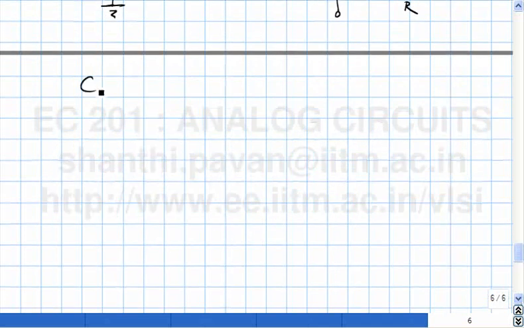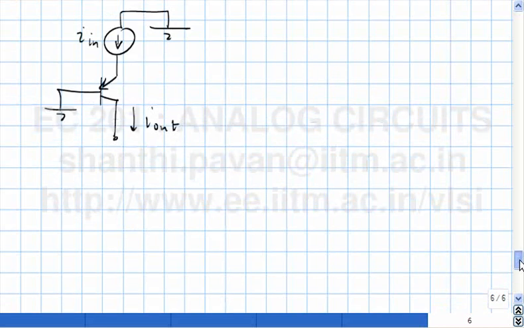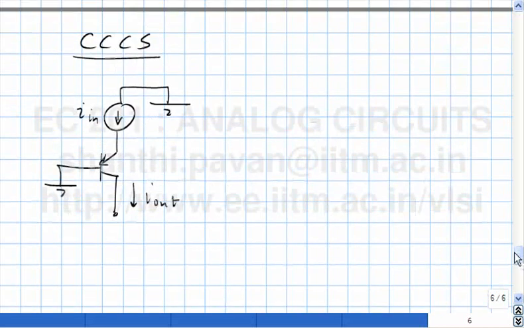Then you have the current controlled current source, and the incremental diagram is like this. I in, I out, okay, and this is the what kind of amplifier?